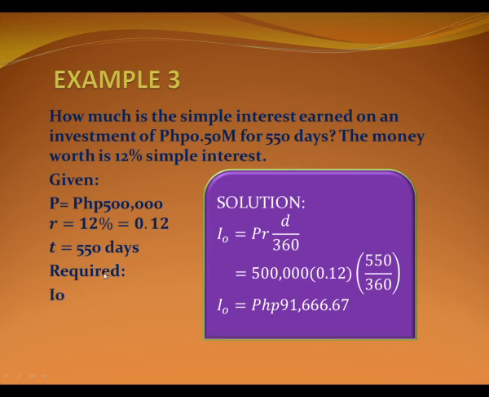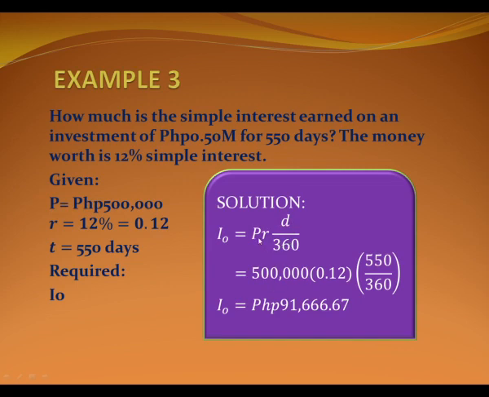Now, as I mentioned, we have to look for the ordinary interest because it is not indicated as exact. So in order to find the interest earned, we have to consider the divisor of 360 for the conversion of number of days into years.